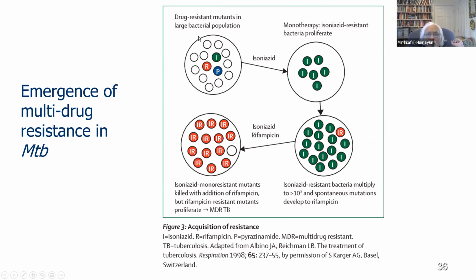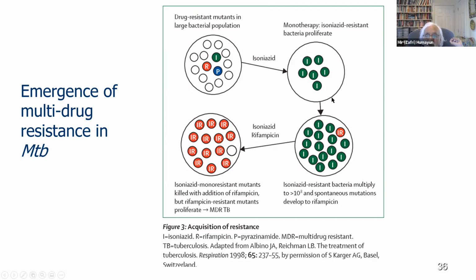Now, if this patient is treated with a drug that is quite effective in killing bacteria, such as isoniazid, right? This kind of treatment is called a monotherapy. If you give this patient isoniazid, it will undoubtedly kill most bacteria, but that 1 in a million bacterium that is resistant to isoniazid will not get killed. And that will now expand to form a population of cells that are all isoniazid resistant.